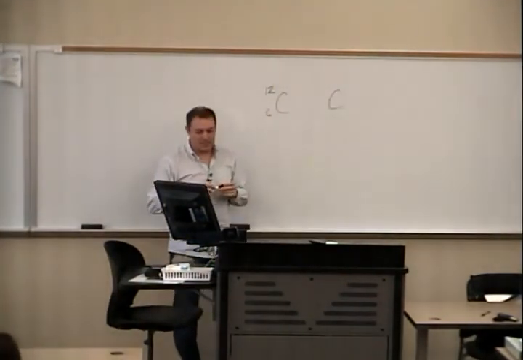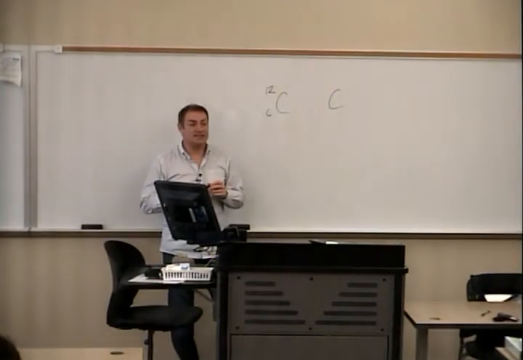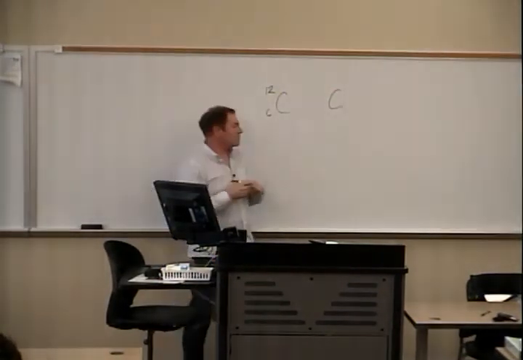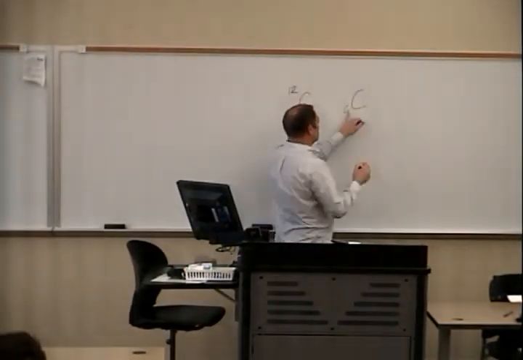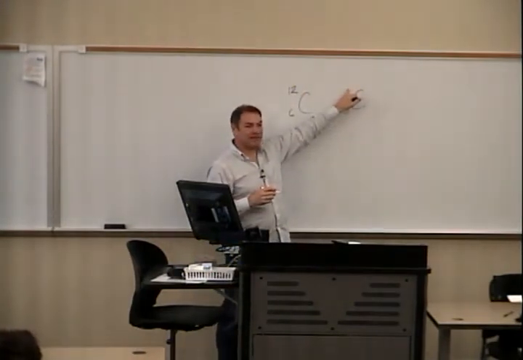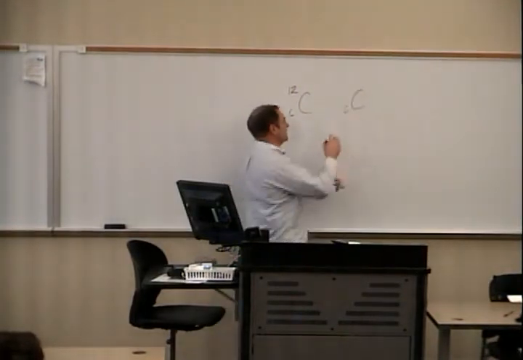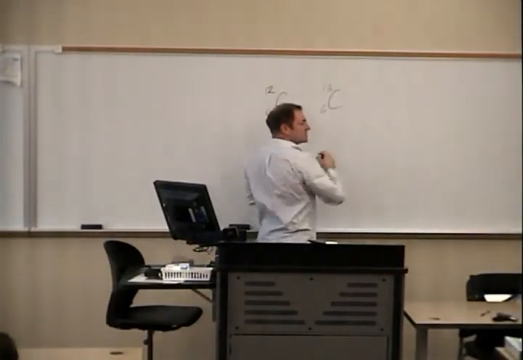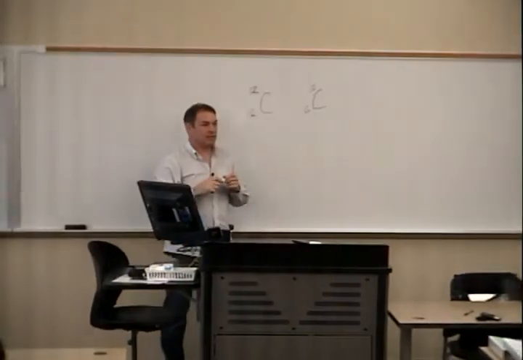About 1.11% of those carbon atoms have got 7 neutrons. Now we know carbon always has 6 protons, so what would be the atomic mass of an atom with 7 neutrons? 13.